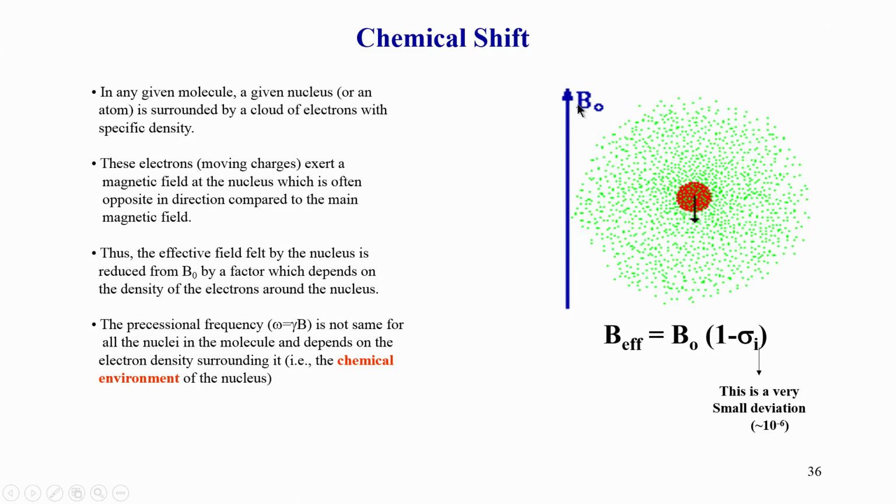Therefore, the magnetic field experienced by the nucleus is not just B0, it is reduced by some factor, and this is why we use the word shielding. Essentially this electron cloud is trying to shield the nucleus from the external magnetic field.